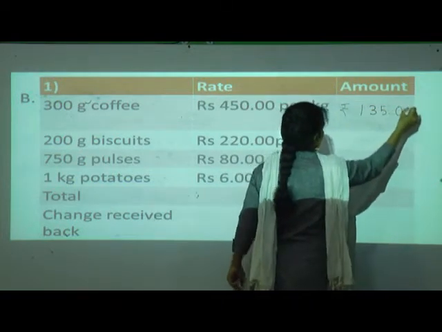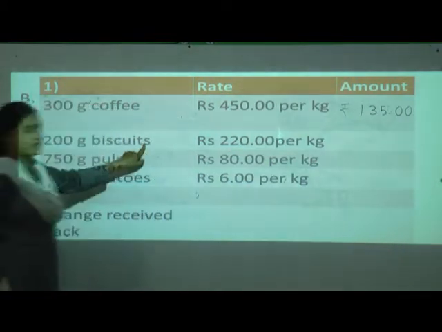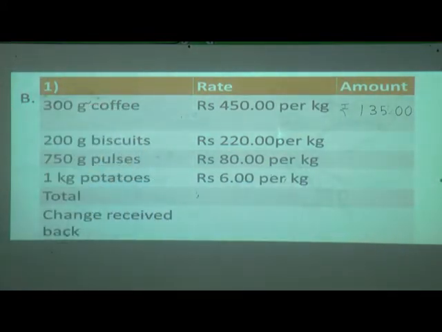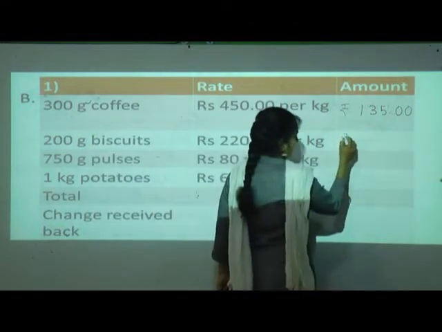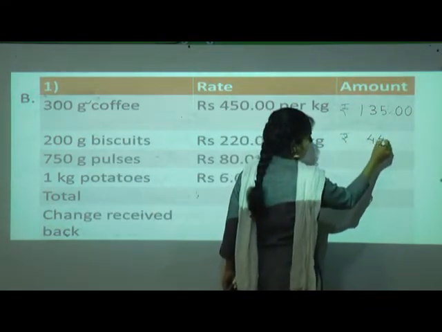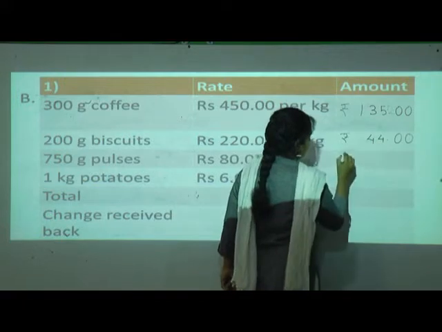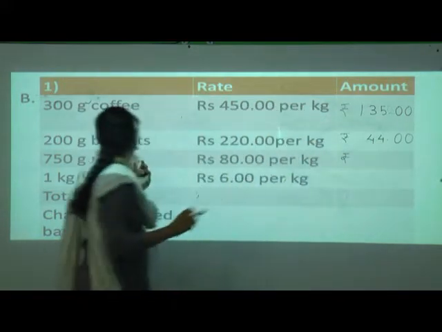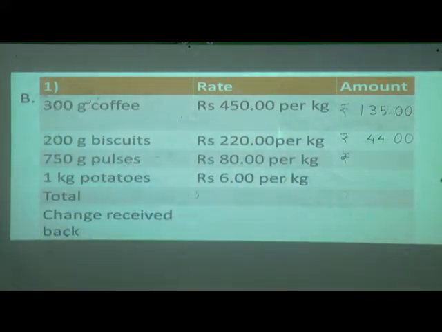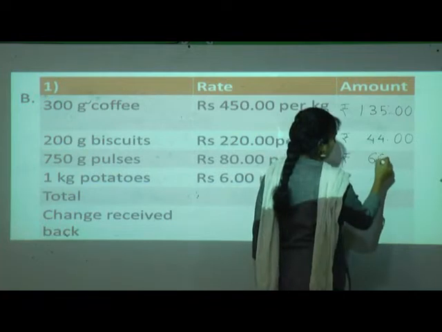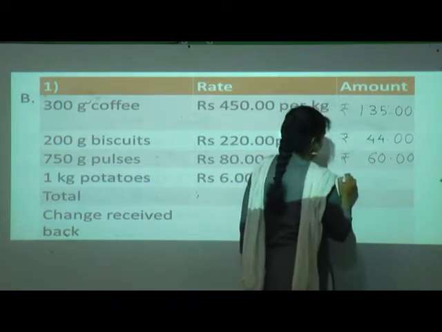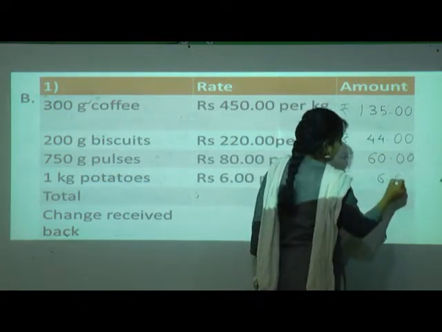Okay, here the rate of biscuit is rupees 44. The rate of pulses is rupees 60. And the rate of potatoes is 6 rupees.